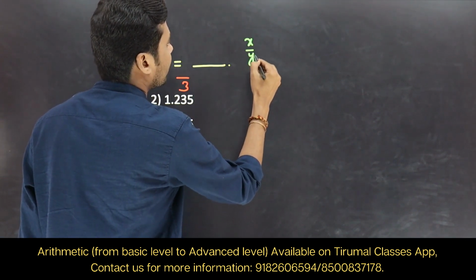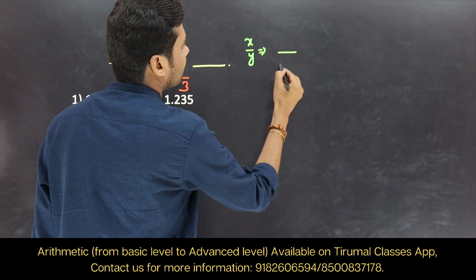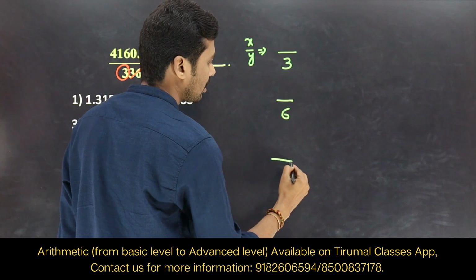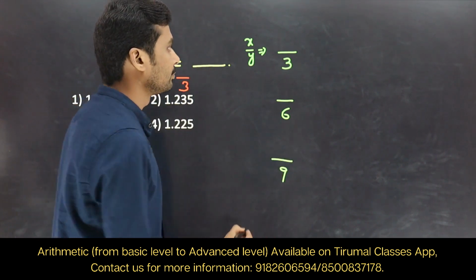Anything in the form of x by y, where the DS value of the denominator is either 3 or 6 or 9, now what will we do?